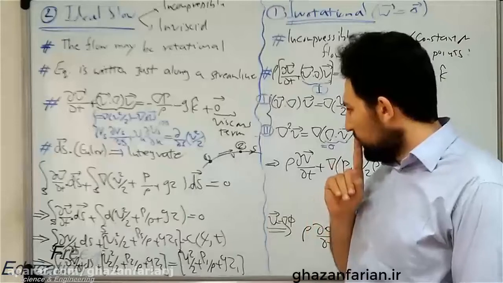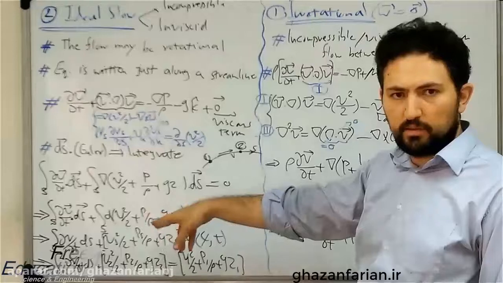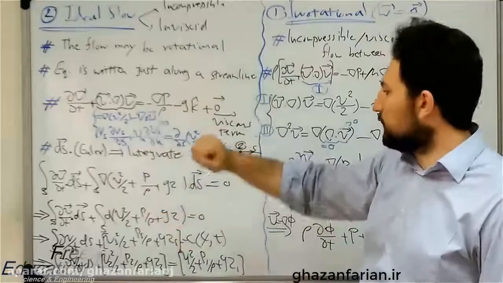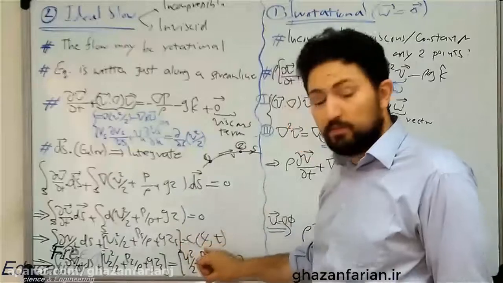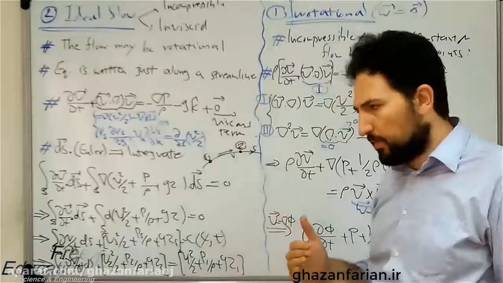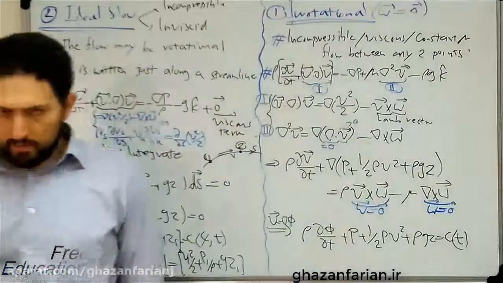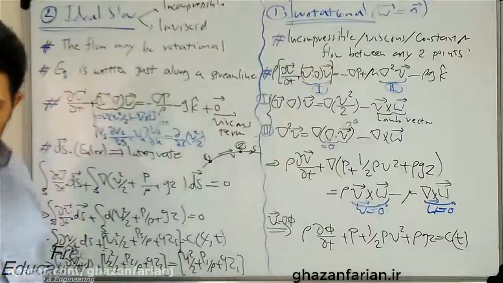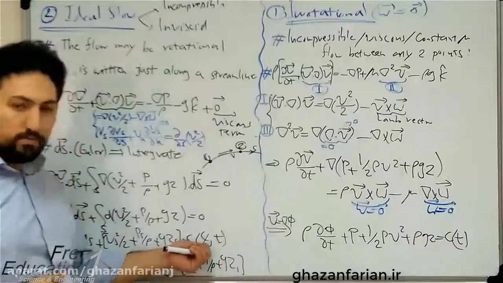The other point here is that the second version of the Bernoulli's equation, which is used for ideal flows, is engaged with a stream function. Because this version is written along a streamline, and along a streamline, the stream function is a constant value, a constant parameter. So you see the stream function appears here.